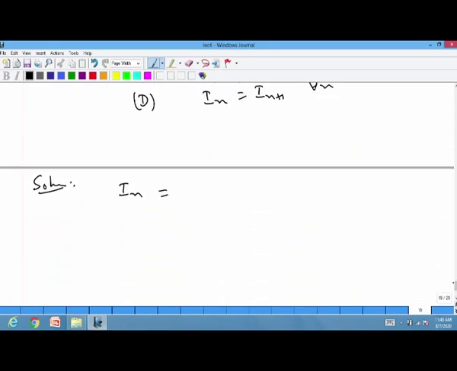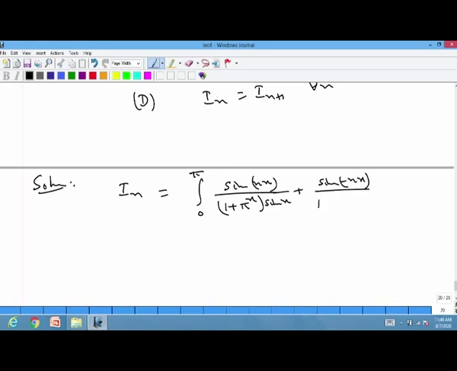So, we know that this will be equal to the integral from 0 to pi of sin n x by (1 plus pi to the x) times sin x, plus sin of minus n x by (1 plus pi to the minus x) times sin of minus x, dx.